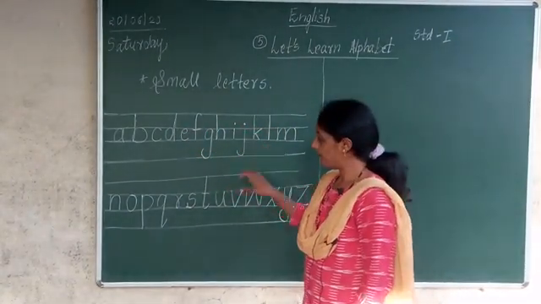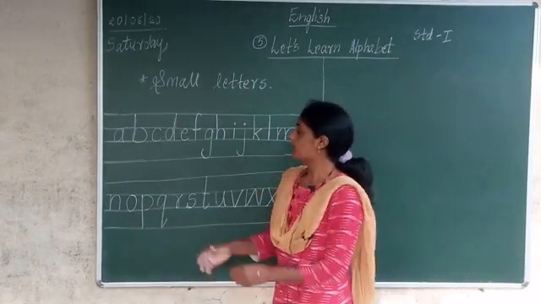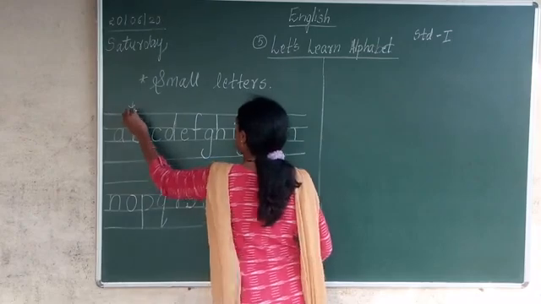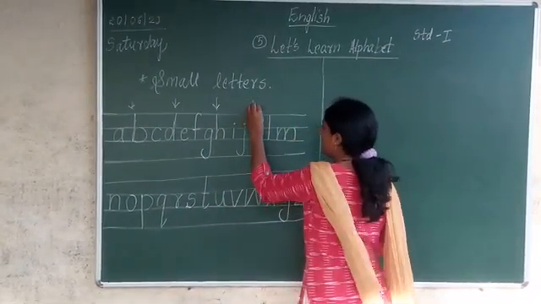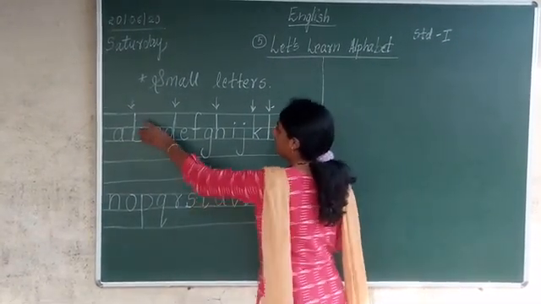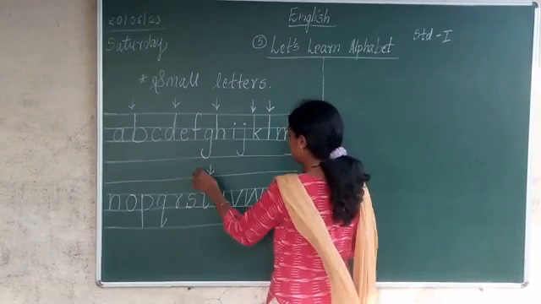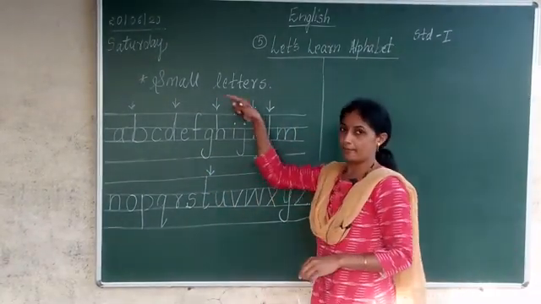Can you see? Now which letters are touching up? B is touching up. D, H, K, L, and T. 1, 2, 3, 4, 5, 6. 6 letters are touching the first line, upside, okay?